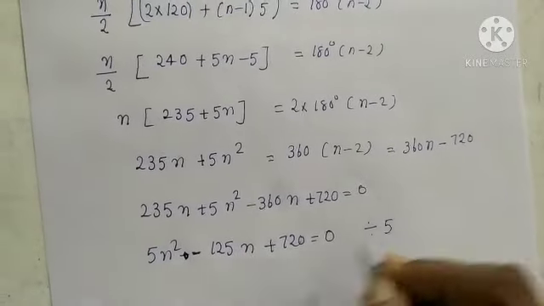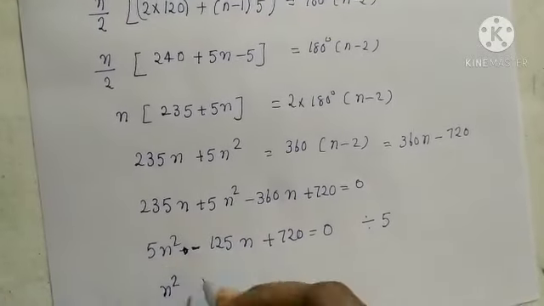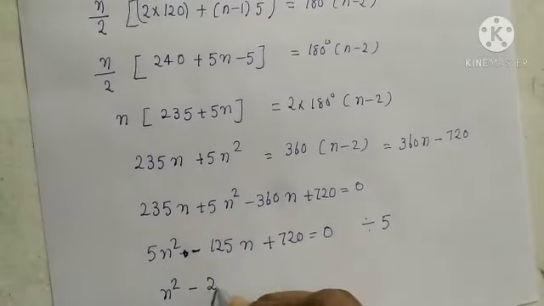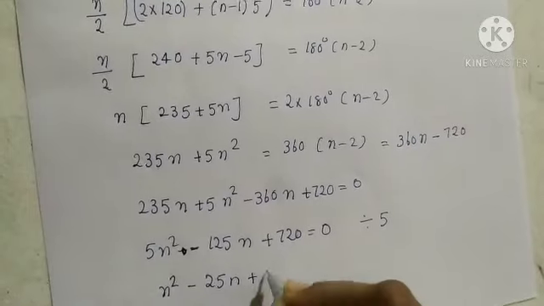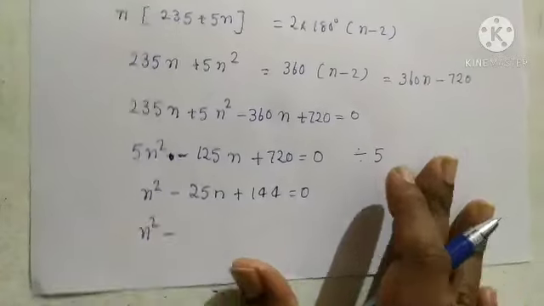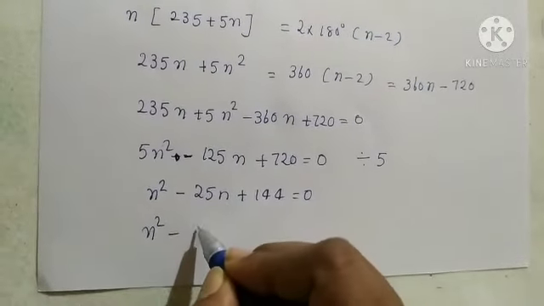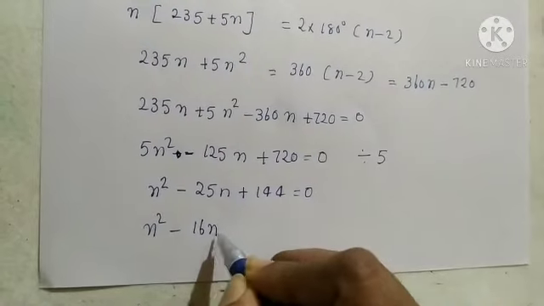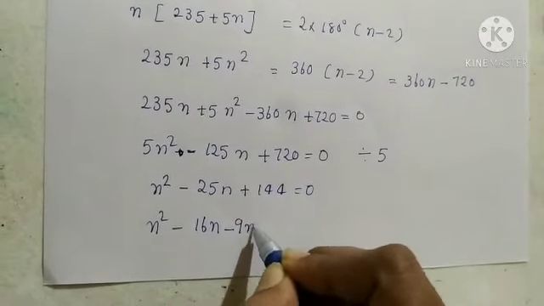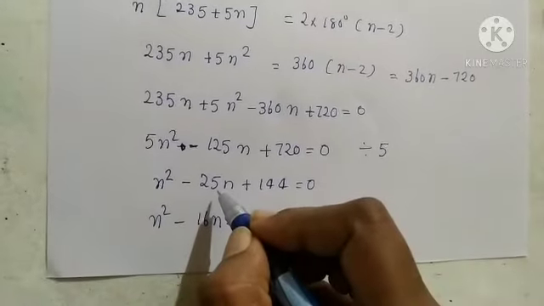Dividing throughout by 5, it will become n square minus 25n plus 144 equal to 0. Next I am going to split this minus 25n into minus 16n minus 9n. Minus 16n minus 9n is equivalent to minus 25n, right?